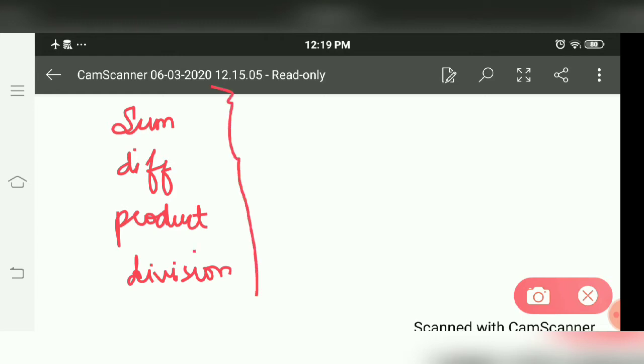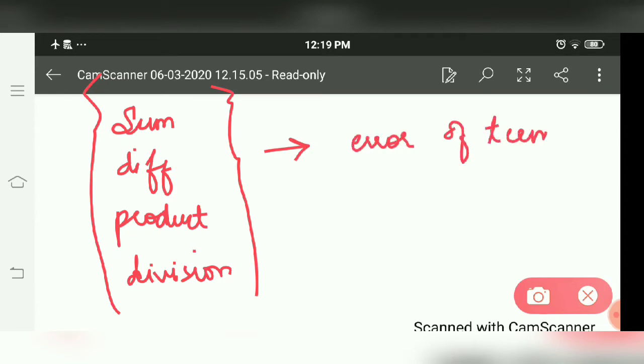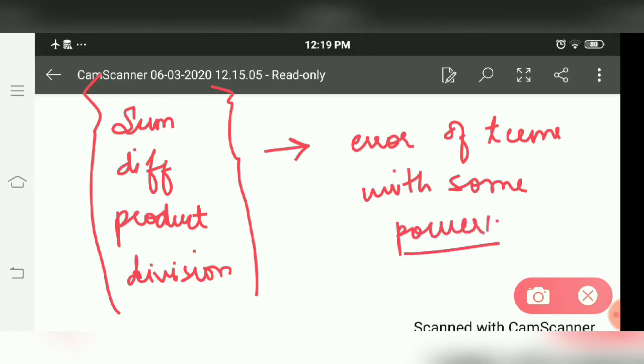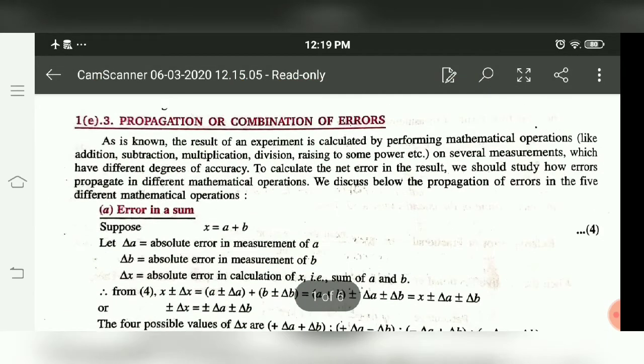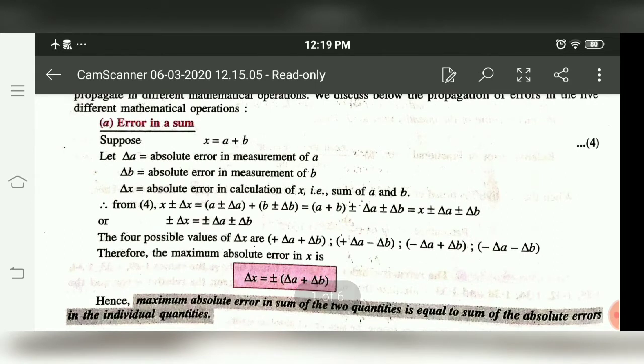These four types of combination come with additional error terms with some powers, and then a mixture of all these terms. We will do that. First of all, error in sum.